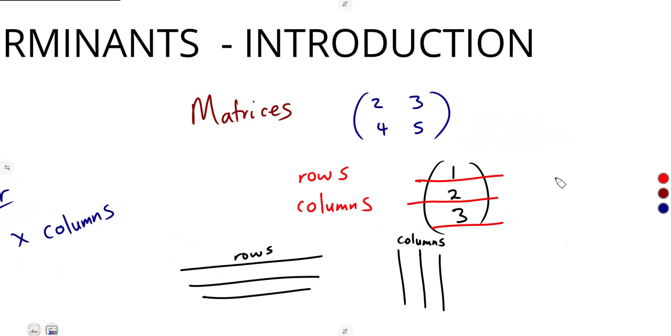How many rows? 3. How many columns? As we can see, we just have a single column which consists of all these numbers. So this is referred to as a 3 by 1 matrix, or a 3 by 1 column matrix, since it's just a single column. You can specify a 3 by 1 column matrix, or just a 3 by 1 matrix.